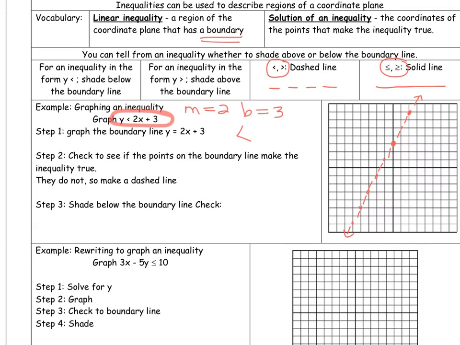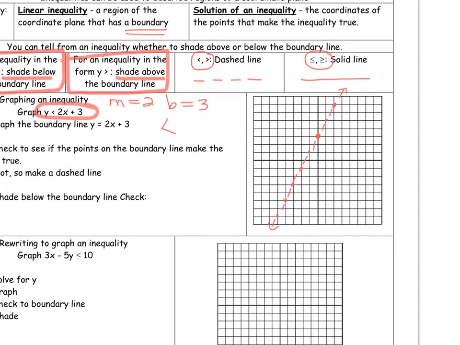So if we look over here, for an inequality in the form where y is less than, we're going to shade below the boundary line. If the inequality is in the form y greater than, we're going to shade above the boundary line. So that is what we're going to do.